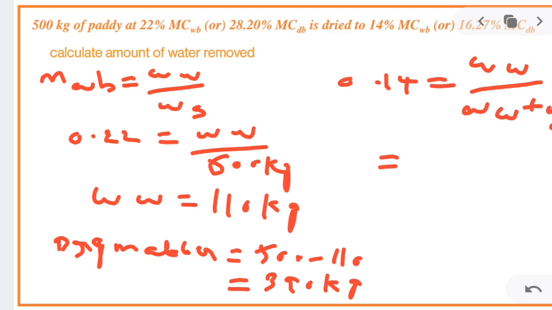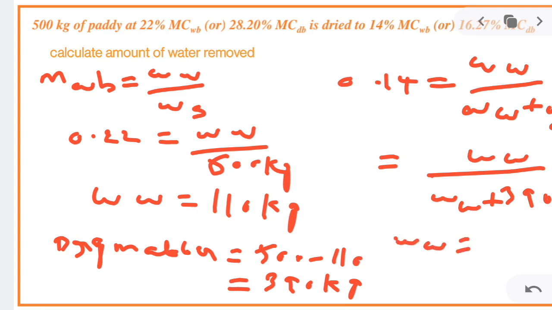We know that weight of dry solids is 390. So if you calculate the weight of water from here, you will get the weight of water as 63.48 kg.